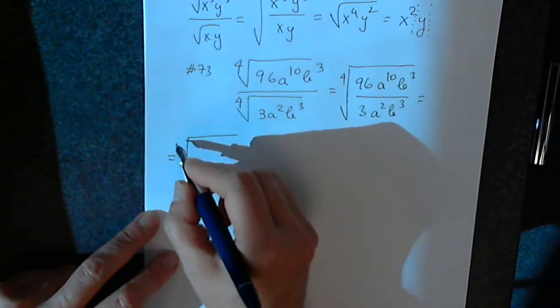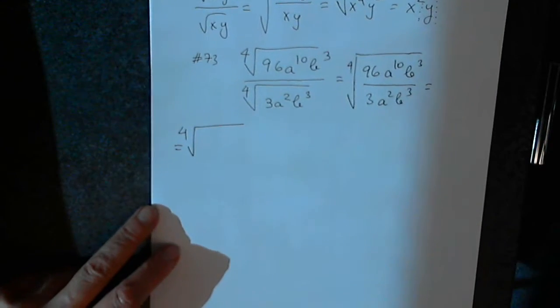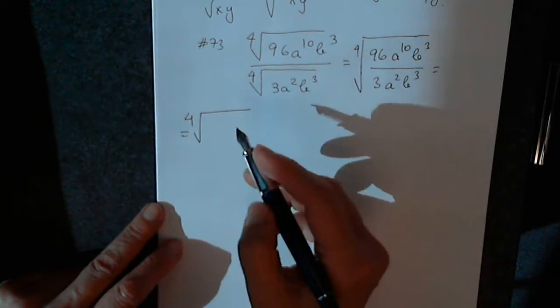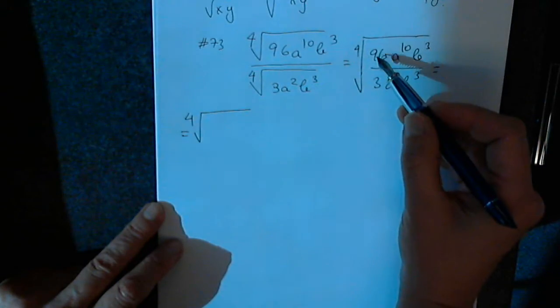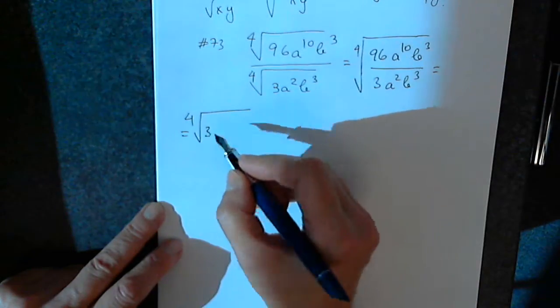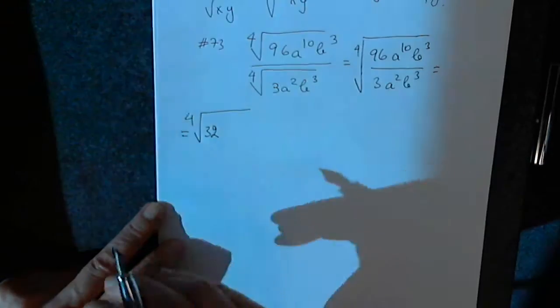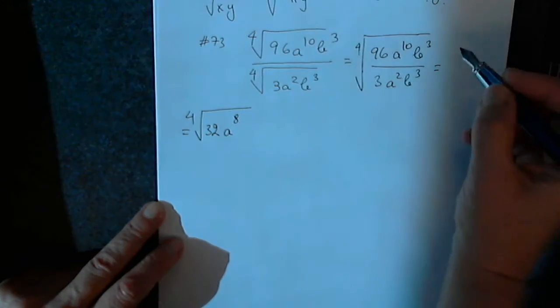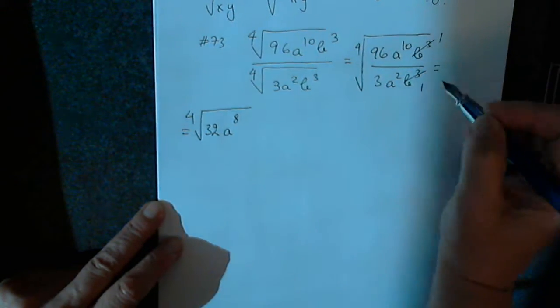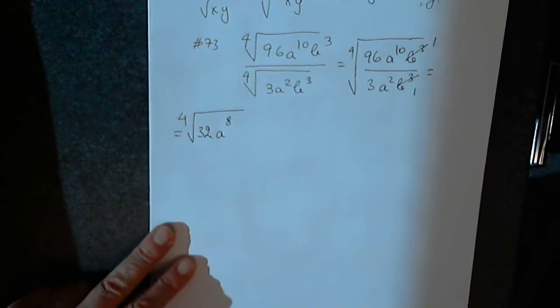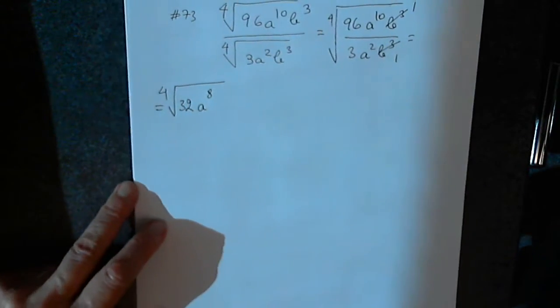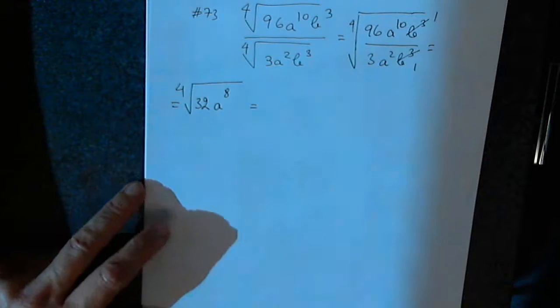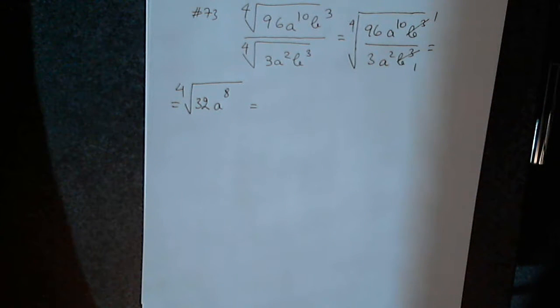So this is the fourth root indeed of? Would you say 36? No, 32. 96 divided by 3 is 32. A to the 10th divided by A squared is A to the 8th. Very good. And luckily, these two go away. Please write 1 and 1. Good. So it appears that there is no problem.